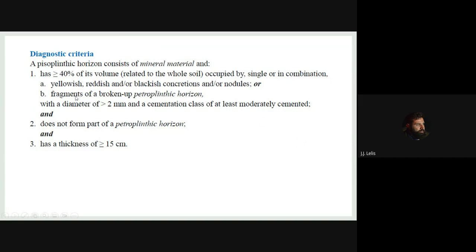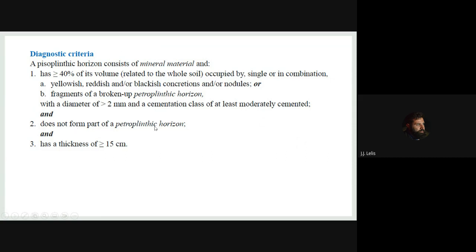They could be related to fragments of a broken up petroplinthic horizon. We don't know yet what a petroplinthic horizon is, but we'll talk about it in the next slide, okay? And they possess a diameter higher than 2 millimeters, and a cementation class of at least moderately cemented.